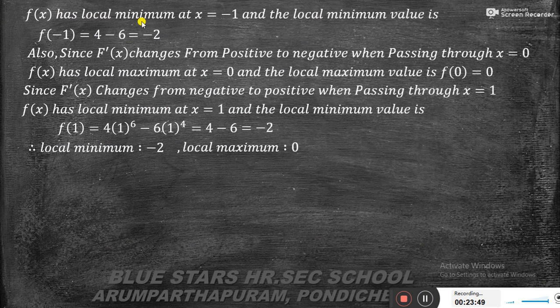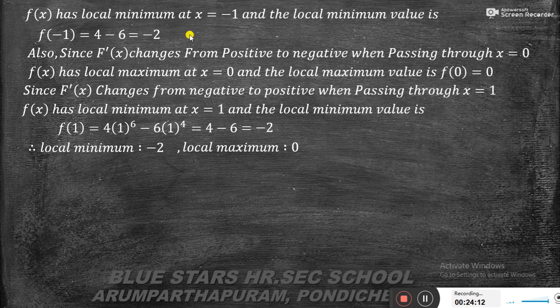So f of x has a local minimum at x equal to minus 1 and x equal to 1. At these two points it has the local minimum. Therefore f of x has a local minimum at x equal to minus 1.